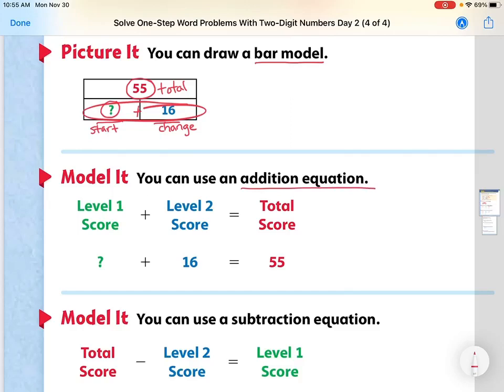Two of our numbers are the total of 55 and our change, the level 2 score, was 16. And so then the question mark, which would be our starting number, that goes there. So our addition equation would be question mark plus 16 equals 55. So that's the addition equation that they're showing that we could use.